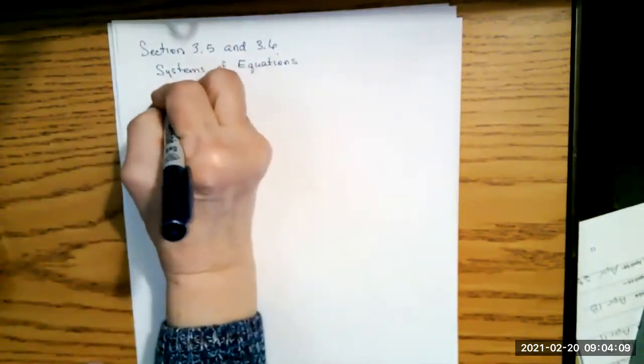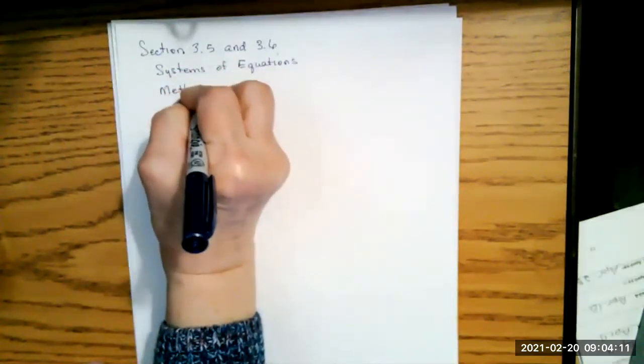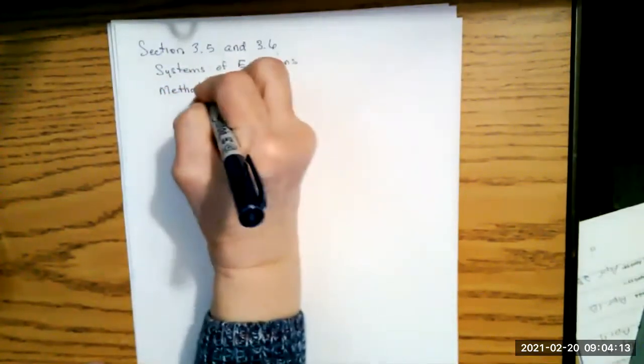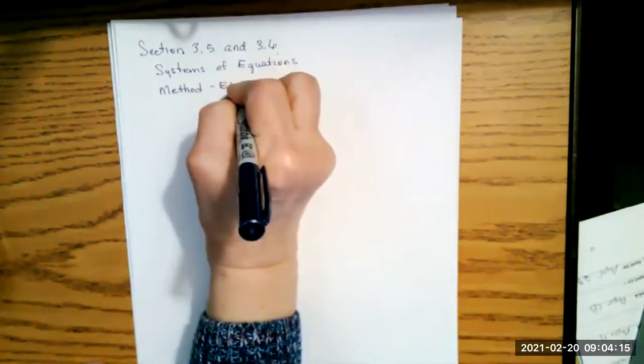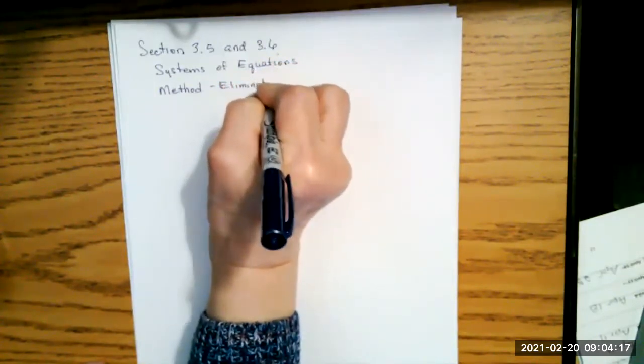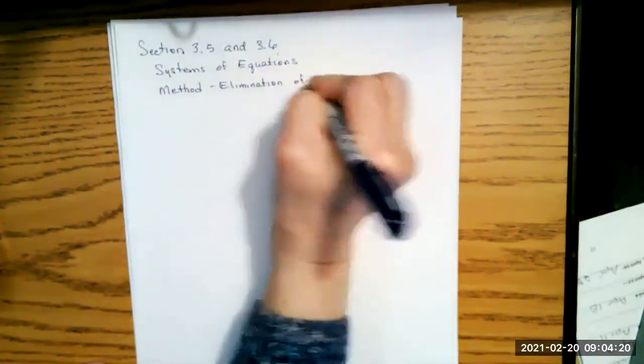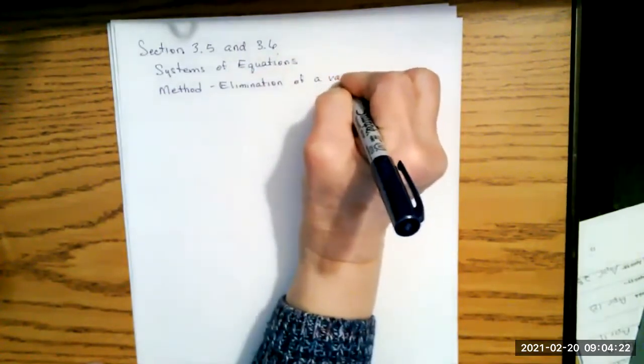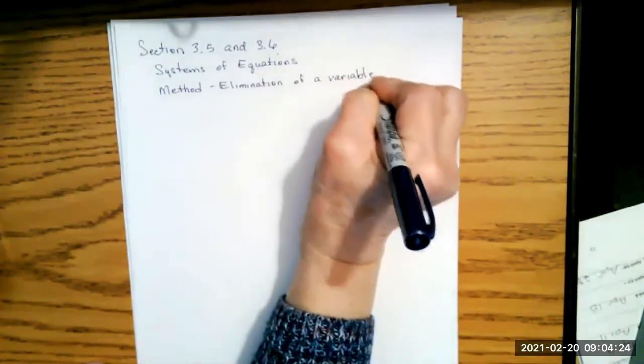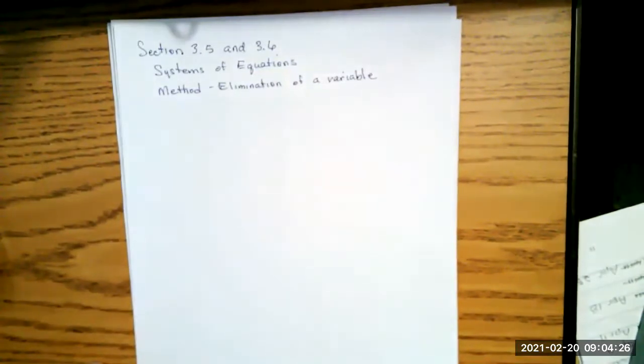The method that we are going to use for the first few problems will be the elimination of a variable. As the word indicates, we will be eliminating a variable in each of the equations.